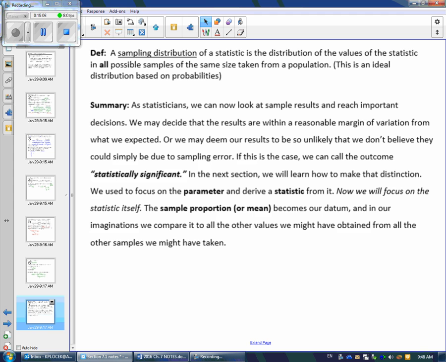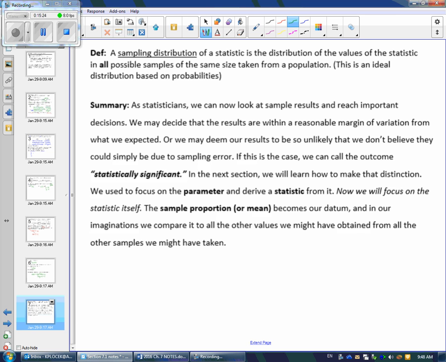So, the sampling distribution of a statistic is the distribution of the values of that statistic in all possible samples of the same size taken from a population. It's an ideal distribution based on probabilities. This is that term that people tend to get hung up on.